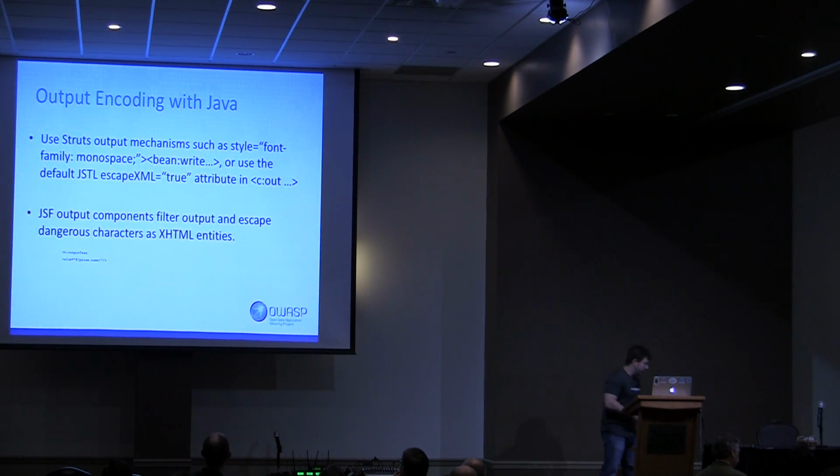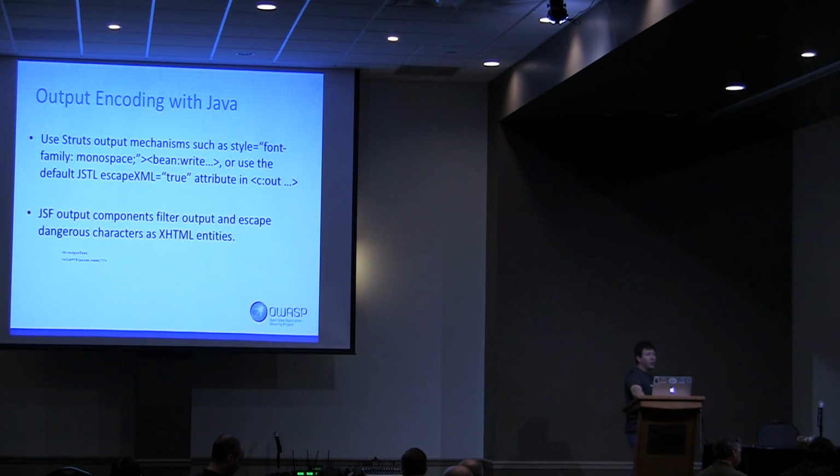Similarly, most frameworks these days have output encoding libraries. It is far preferable to use the framework libraries as opposed to rolling your own. Again, same thing in a Java environment and a .NET environment, if you're doing Python, Ruby, and so on and so forth.